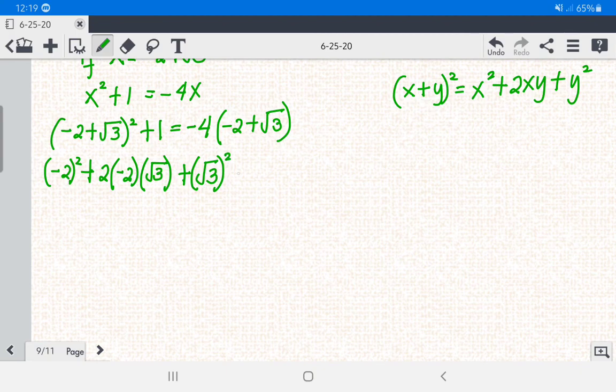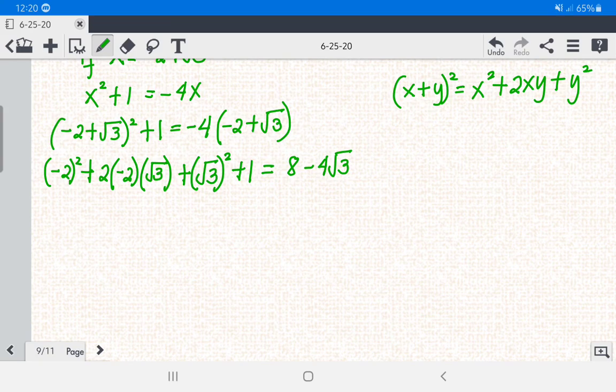Then plus 1. Then equals this one: negative 4 times negative 2, so we have positive 8. Then negative 4 times square root of 3. Here, the numerical coefficient of square root of 3 is 1, so negative 4 times square root of 3 is negative 4 square root of 3. Then after that, let us simplify.